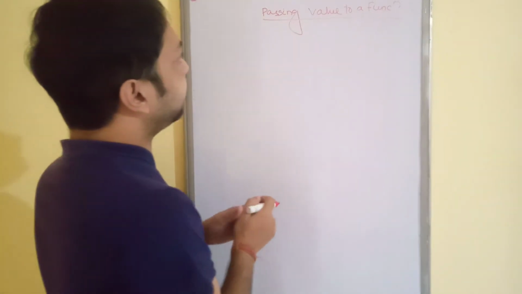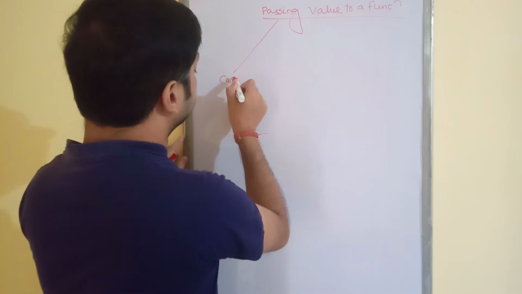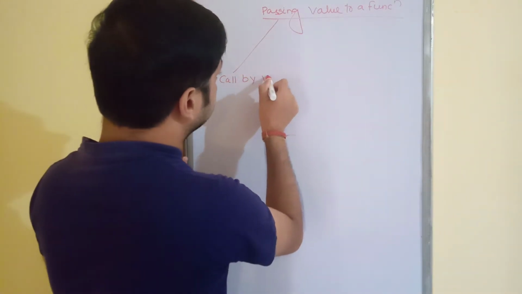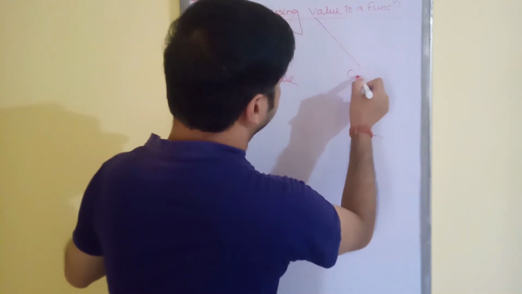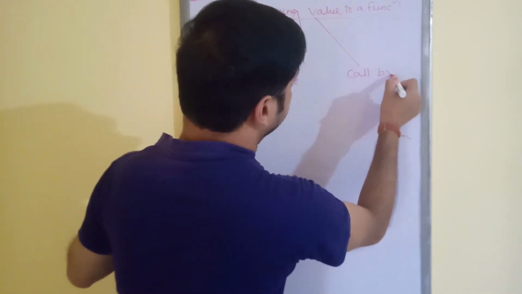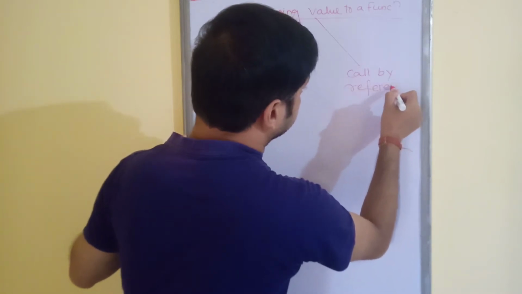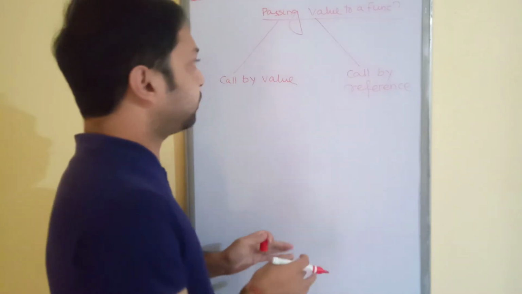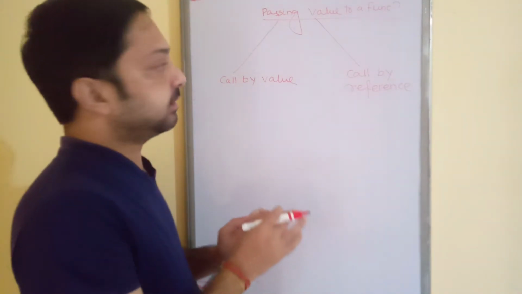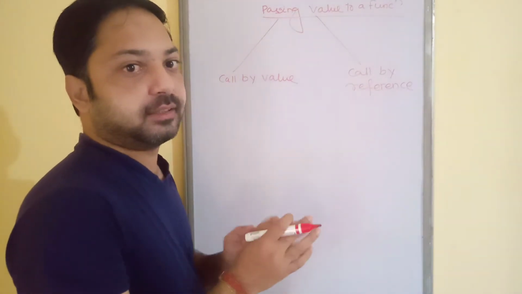So in C programming there are two different methods. One is known as call by value, another one is call by reference. So these are the two different techniques to pass parameters to a function or pass values to a function.